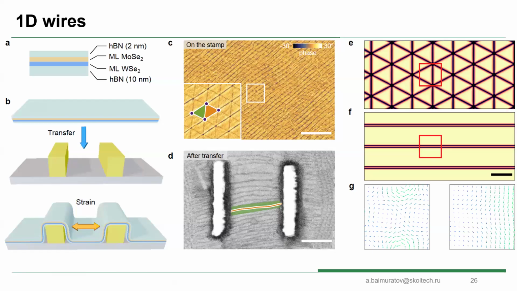You need to introduce a very small difference to these stackings, and then you can get this double domain wall. One of them will be green stacking, here again green, and between these two domain walls you will have orange stacking, like shown here. It's one of the wires.